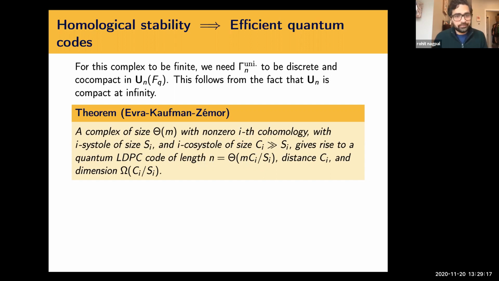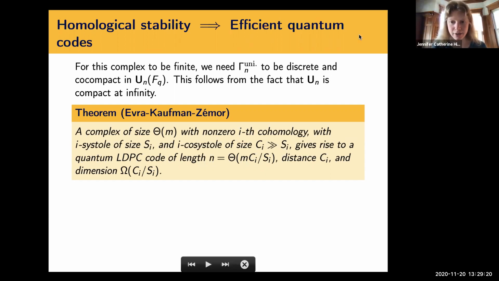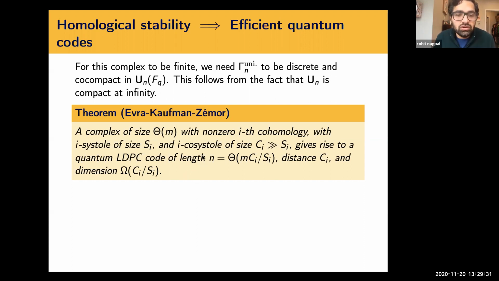Oh, Rohit, there's a question in the chat for you. What is M? Oh, so this is theta of M. Theta of M would just say that, okay, yeah, M is just a parameter which is just saying that the size is M. You can just say the complex is of size, instead of saying exactly M, it's just saying growing like M. I think it's just coming from how you code the size.